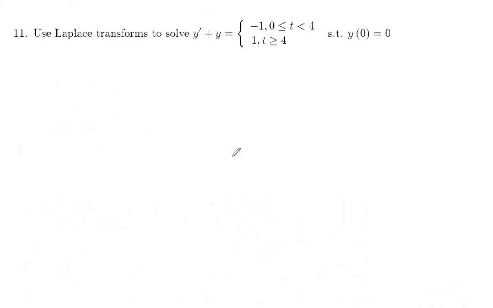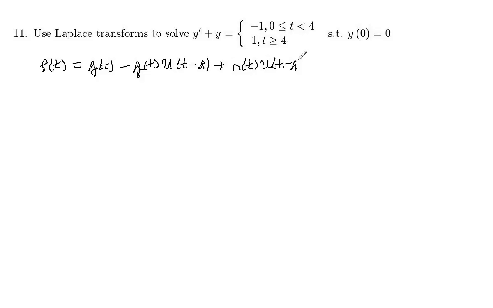Yep, unit step functions. Okay, so remember that the formula is that your right-hand side function, f of t, is g of t minus g of t times u of t minus a, and then plus h of t times u of t minus a, where our g is the first function and our h is the second function.